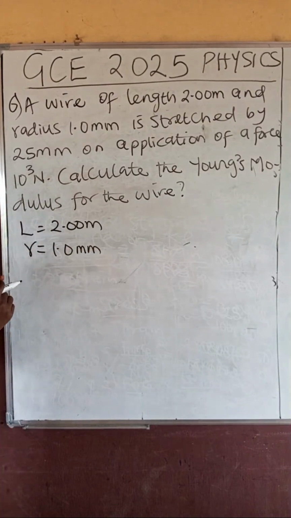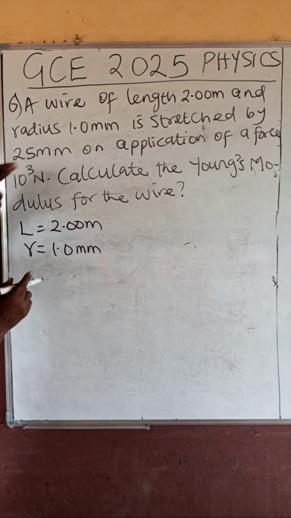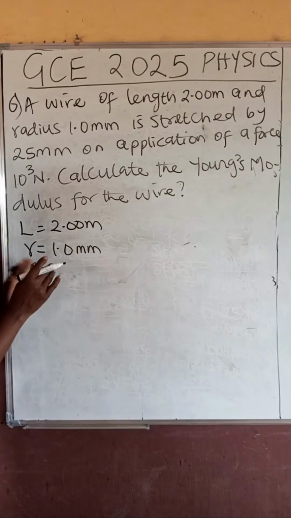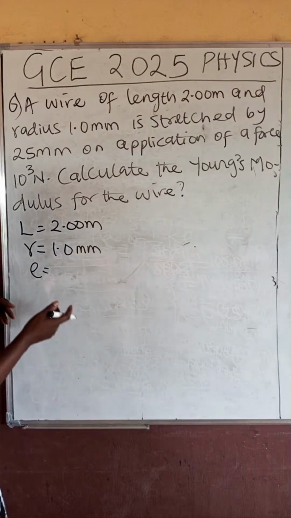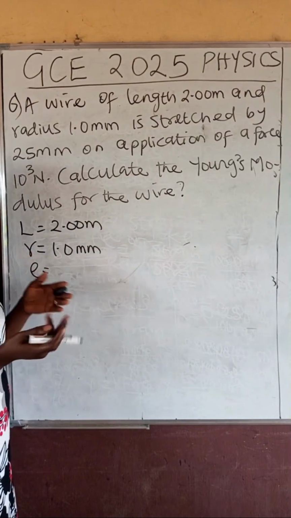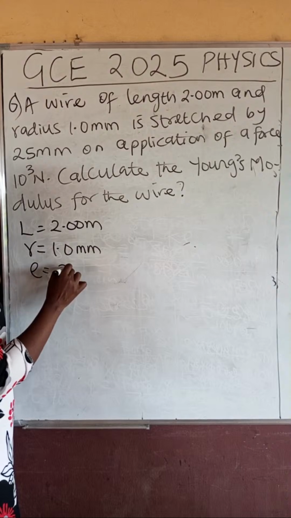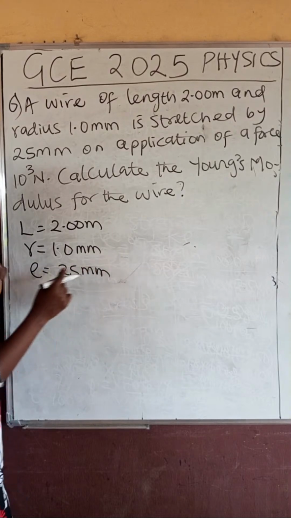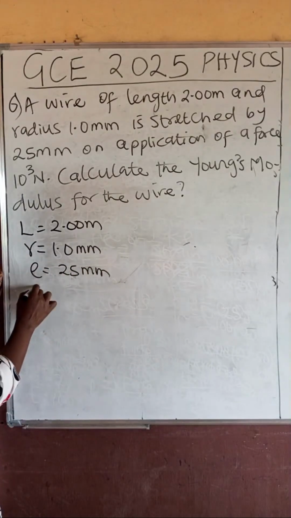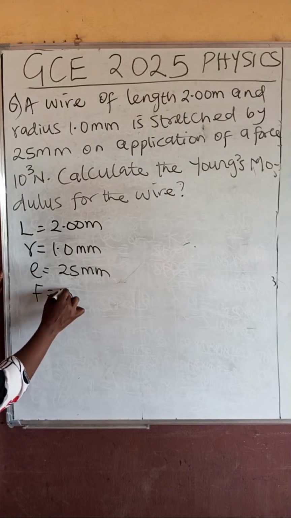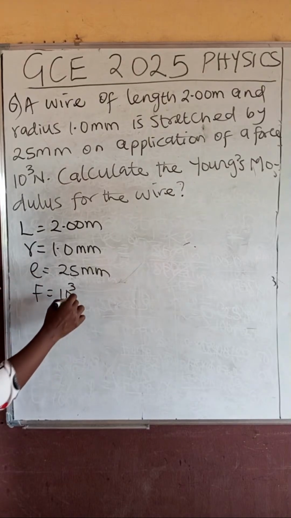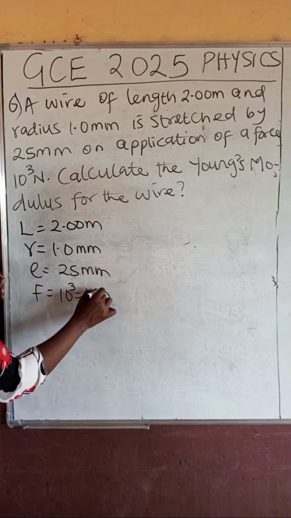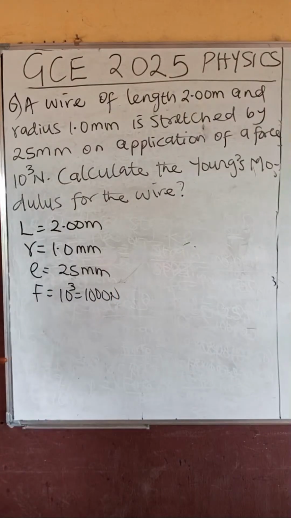Now it is stretched. This is the extension, e. Once you hear stretch, the length will increase, that becomes extension. It's giving us 25 millimeters, by the application of a force which is 10 power 3, the same thing as 1000 newtons.